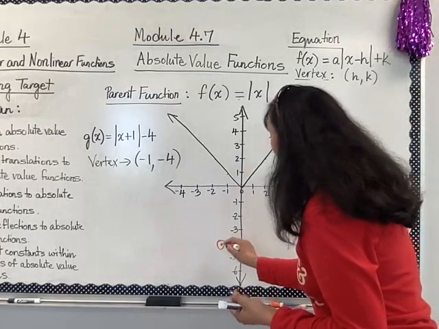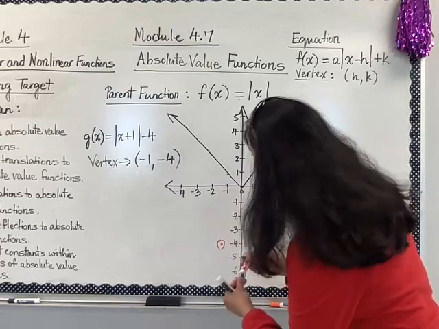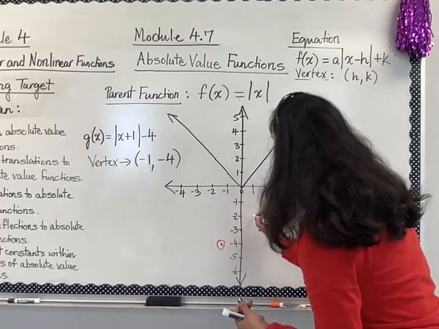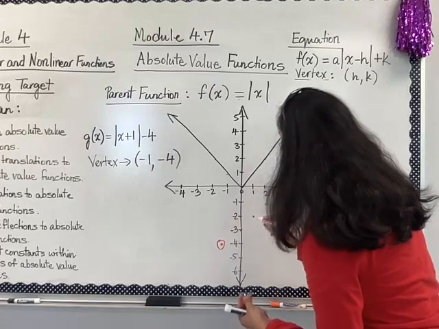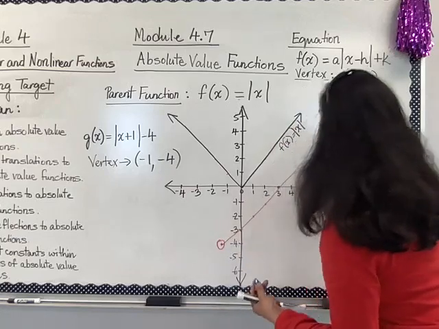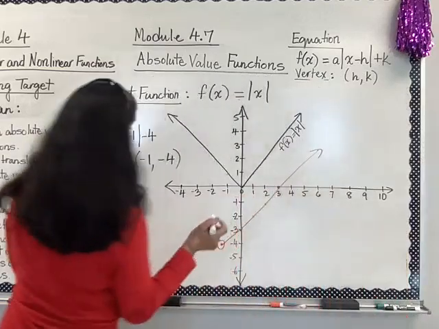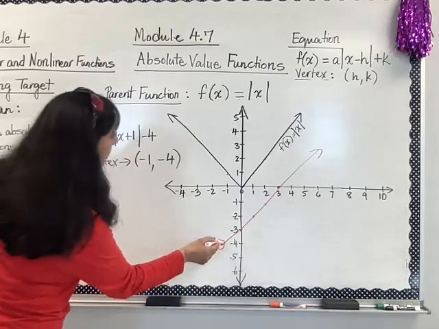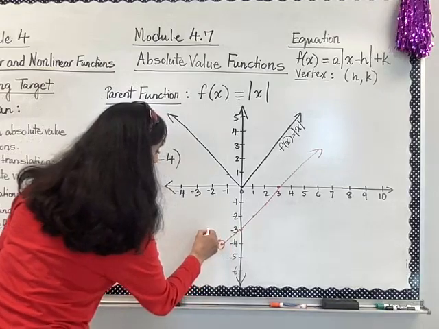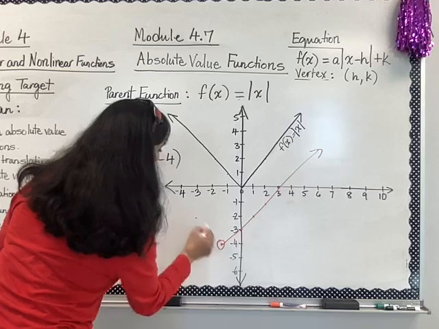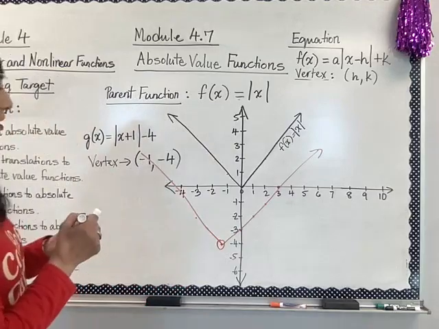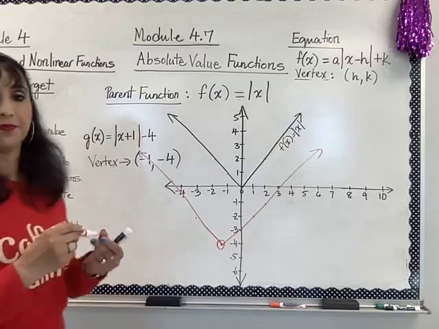So 1 and 1, 1 and 1, and so I can see it's the same graph. And we have same thing here, and we have again this way and this way and this way. So okay, here we go. All right, so this is how my graph is going.